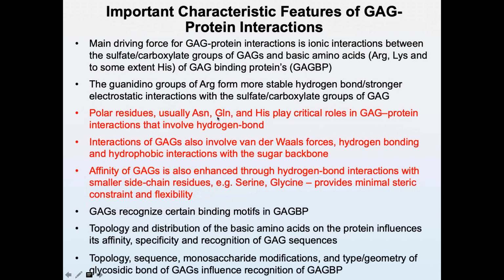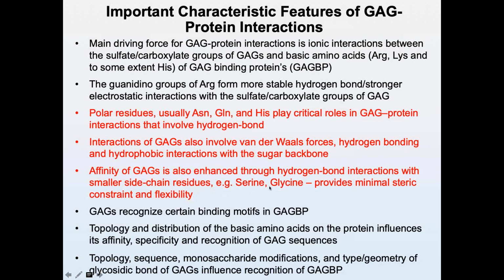Asparagine, glutamine, and histidine also play critical roles in the GAG protein interaction, and they involve hydrogen bonding. There are also other interactions, as already pointed out: van der Waals, hydrogen bonding, and hydrophobic interactions. These are with the sugar backbone.